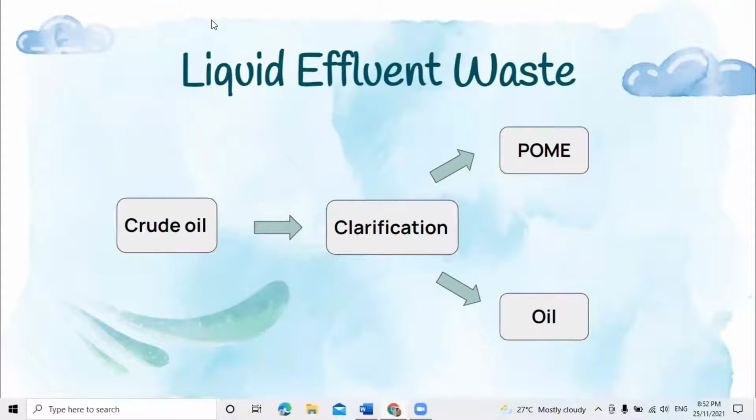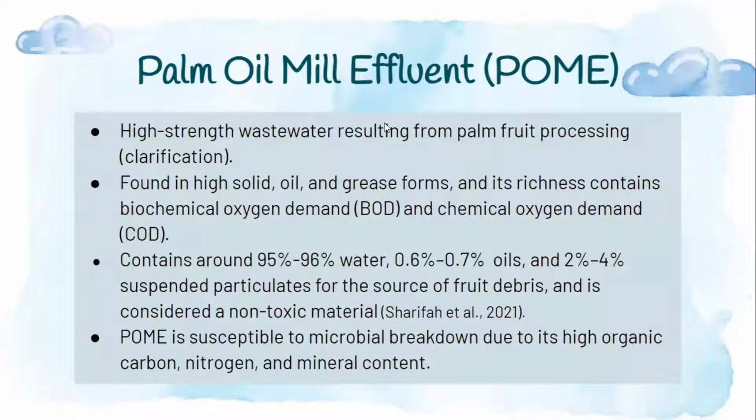I'll continue with liquid effluent waste. For liquid waste produced in the oil industry, when crude oil undergoes the clarification process, it will produce palm oil mill effluent, which is the liquid waste in the oil industry, and also the oil. The palm oil mill effluent is found in thick liquid form, and it is rich in BOD and COD.